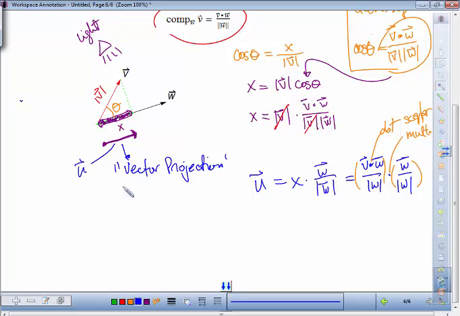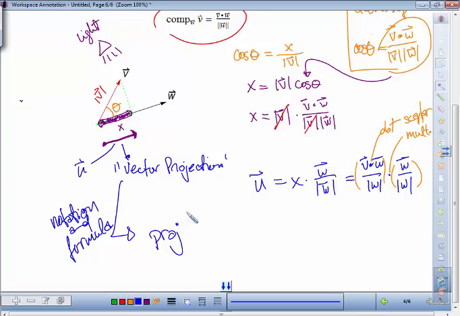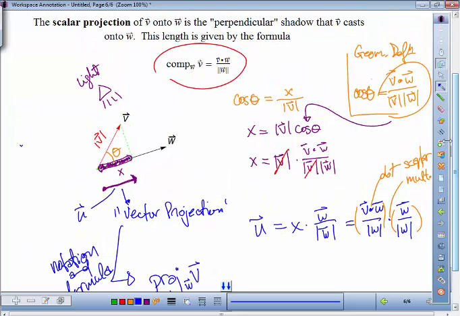So the notation for vector projection is we say proj, P-R-O-J, projection of V onto W, just like the scalar projection of V onto W. V is written at the same size, and W, where it's being projected onto, is a subscript.